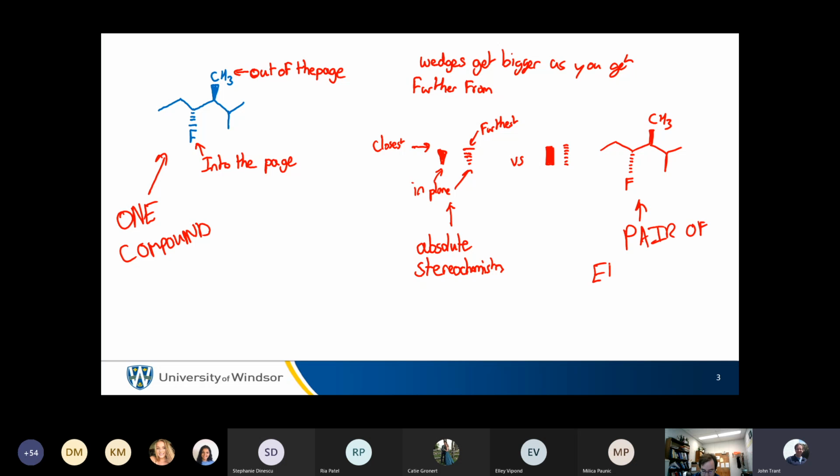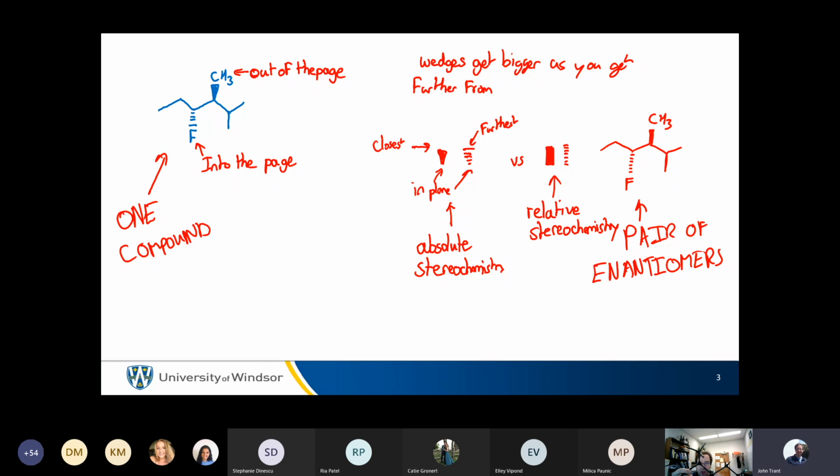This is a pair of enantiomers. We're going to talk about what that is, but basically, relative stereochemistry. I'm saying that they're opposite each other that way.